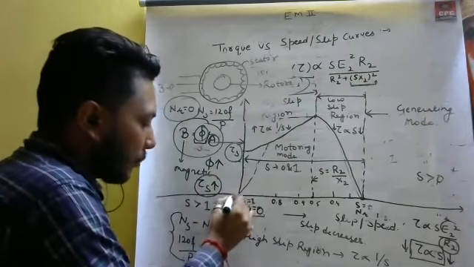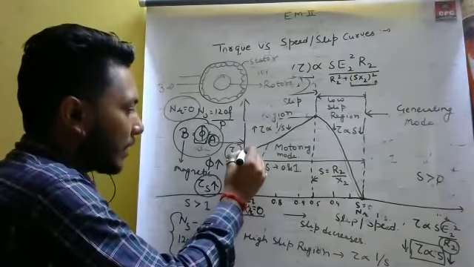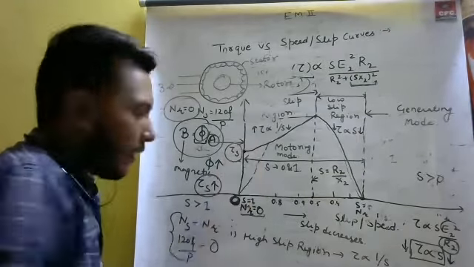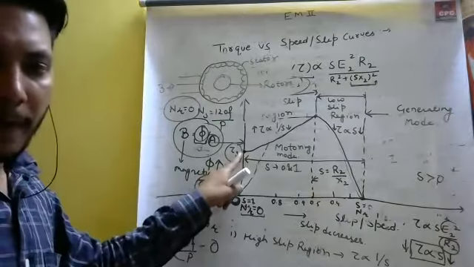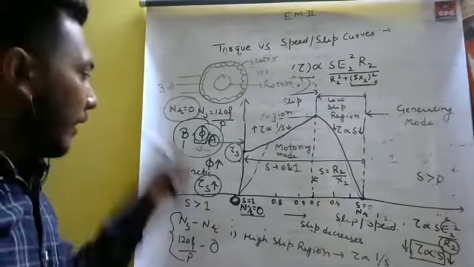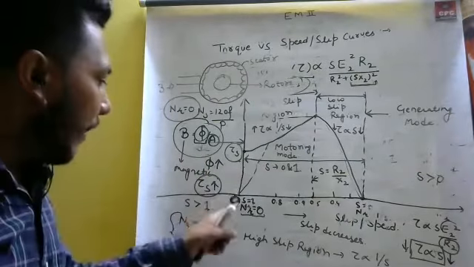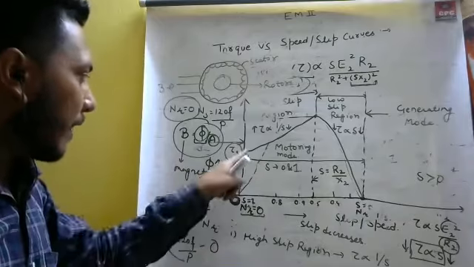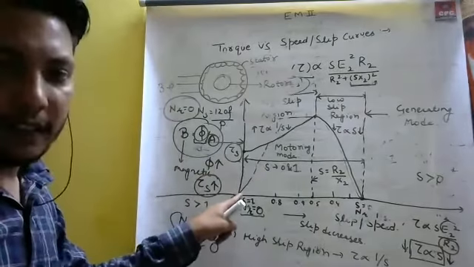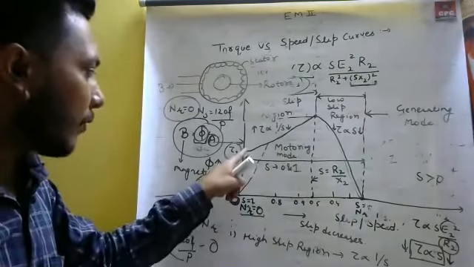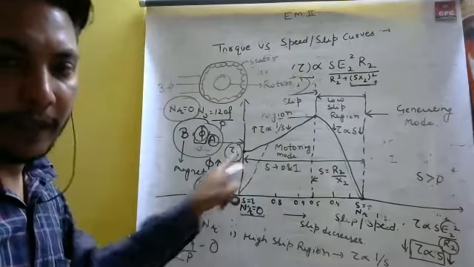That's why this point never starts from 0, it starts from some higher value instead of 0. This is the reason why this curve starts from here, the starting torque point.